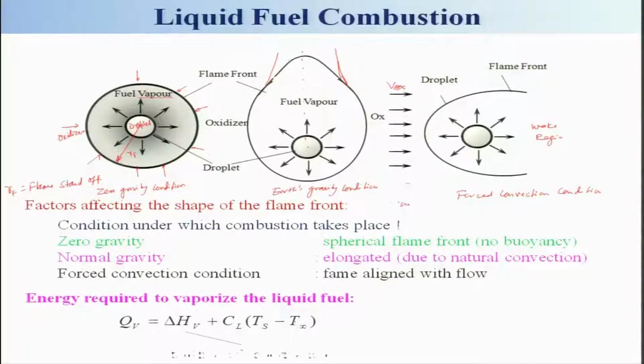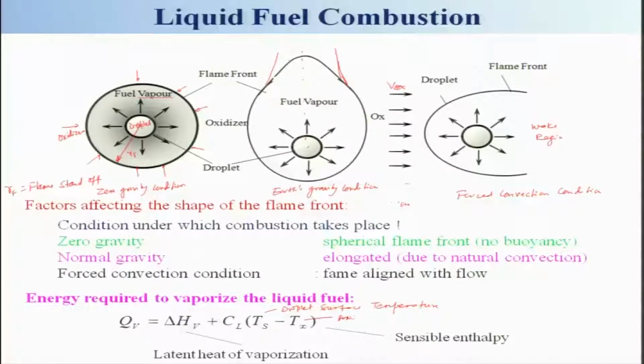If you look at the first term, it is basically the latent heat of vaporization, and the second term is the sensible enthalpy, and T_s is the surface temperature of the droplet, and T infinity is the ambient temperature.